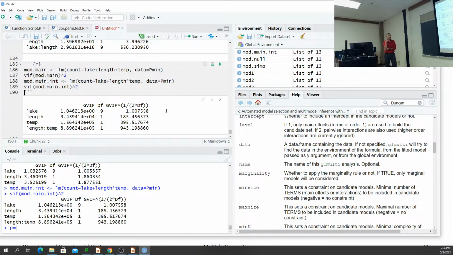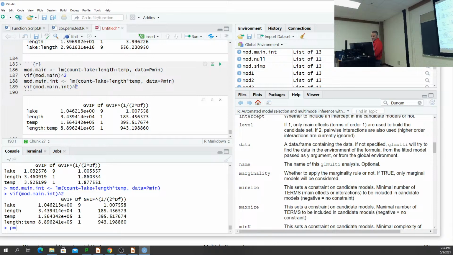Does that mean that we have a problem with collinearity? No. This is expected when we have interaction effects. And that's why we don't look at the full model, because our full model is going to have all these interaction effects built into it, and it'll lead you down the wrong path. Why did you choose length and temp as the interaction effects? I didn't. This is just demonstrating our interaction.